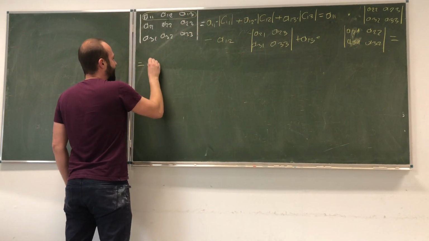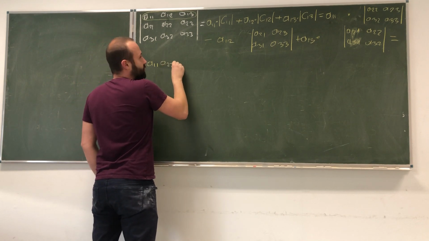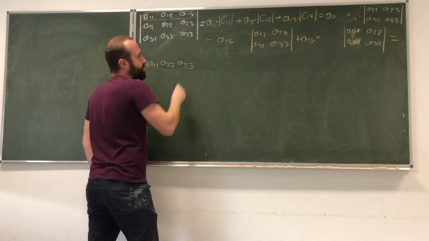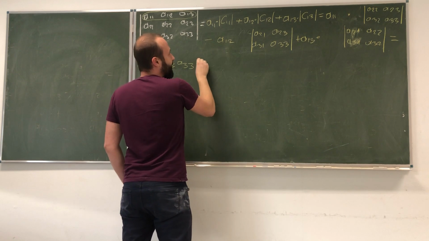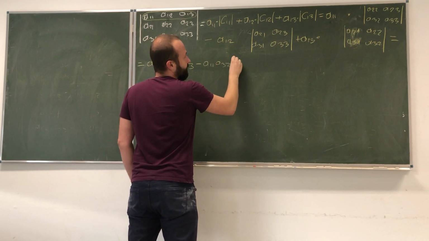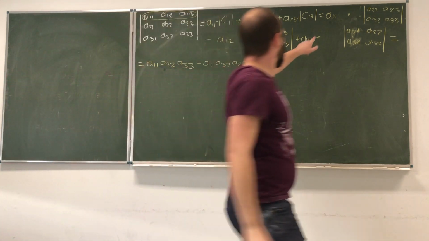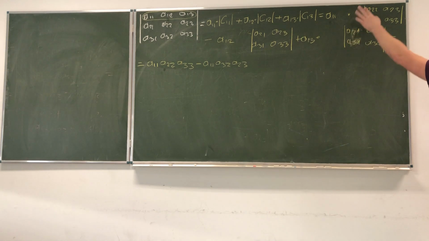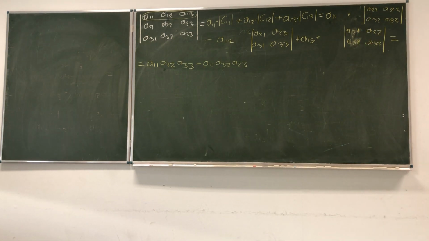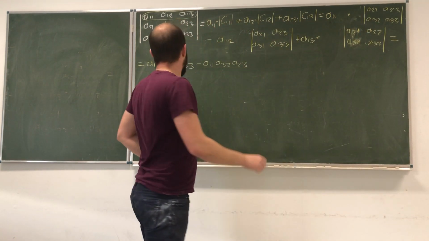So we get that this is A11, A22, A33, minus now A11, A32, A23. Because here we are going downstairs. When we are going downstairs, we keep the sign. Here we add minus up front. Okay, and then we need to repeat the same thing for all the expressions.